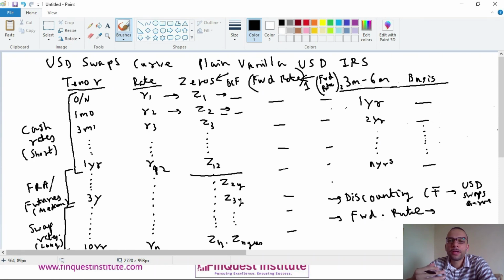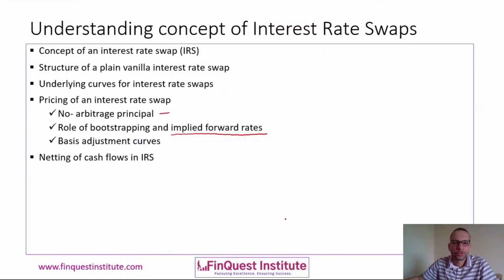And once you get forward rate 2, you can use those rates for calculating your implied rates. So to calculate your forward rates, you'll use your basis adjusted curve. This is what we call the basis adjustment, and we have already spoken about netting.